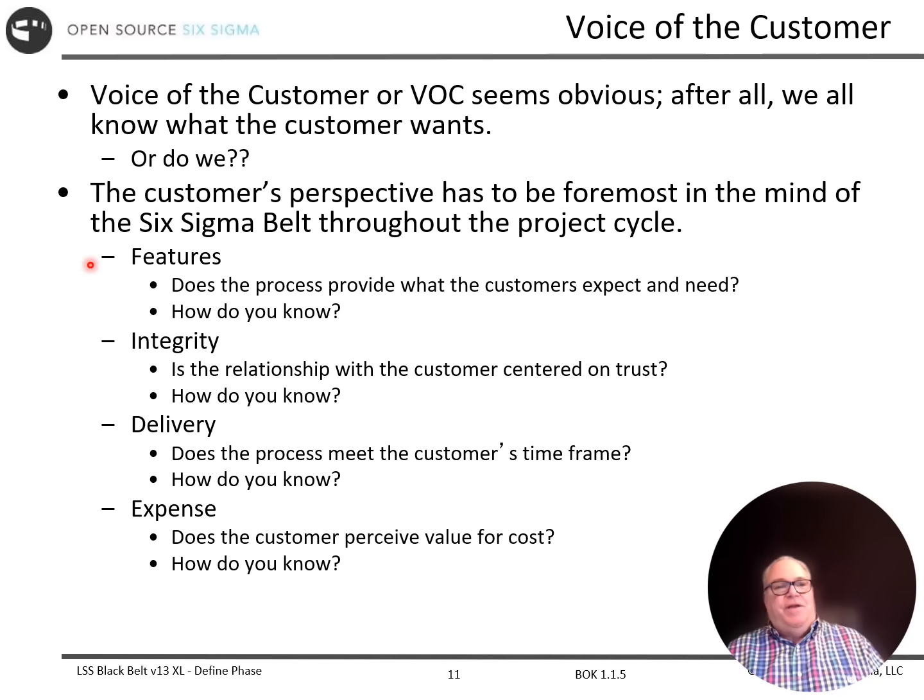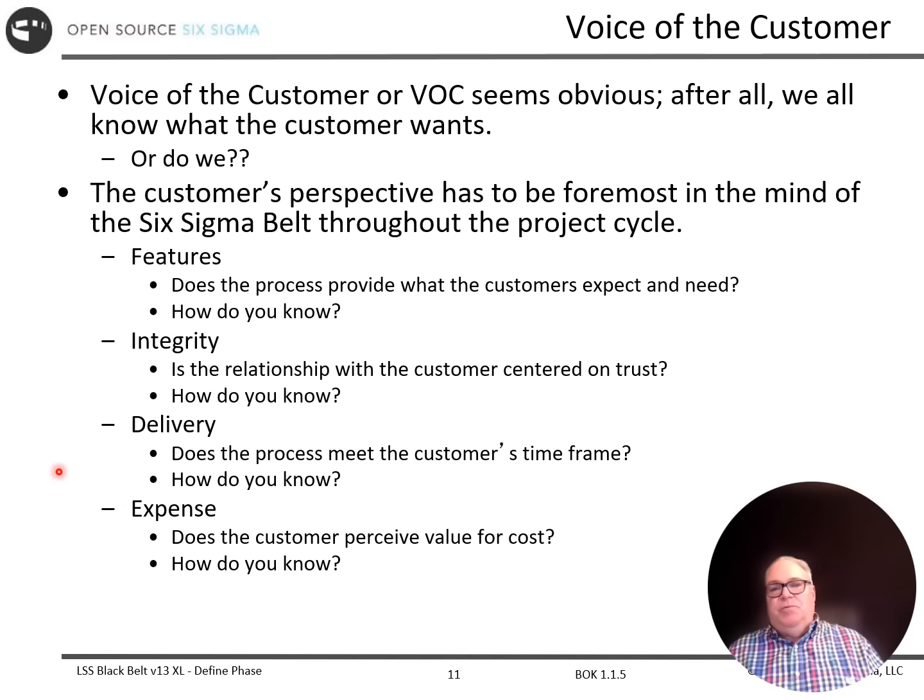For all these, and these are just four, there can be a dozen, what is important to the customer? And how do we know that we're meeting their expectation? This is the whole part of gathering the voice of the customer and turning that into what is really critical to quality, critical to meeting their expectations.